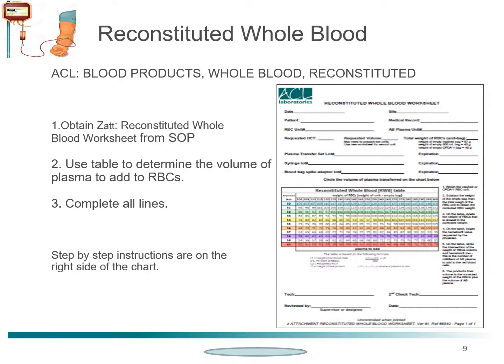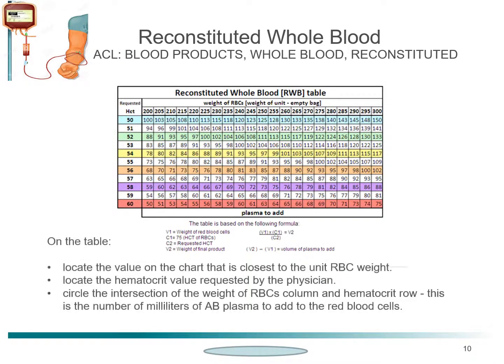Obtain a copy of the reconstituted whole blood worksheet from the Standard Operating Procedures online and use the table to determine the volume of plasma to add to the RBCs. Complete all lines, and step-by-step instructions are on the right side of the chart. From the chart on the worksheet, on the top line of the chart, locate the calculated weight of the CPDA1 red blood cells.